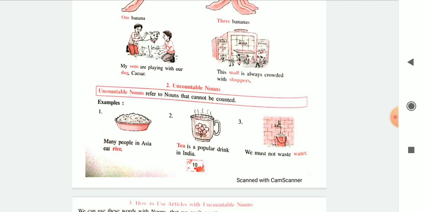You will have to use the words, give me some milk, add some sugar, add a little salt, a little, some, more. So for such things where you can't count, they become uncountable nouns.